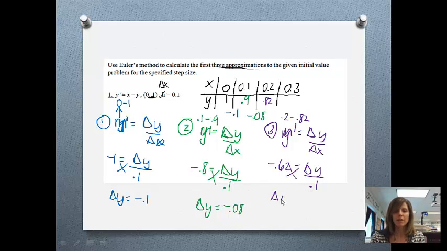And then if I cross multiply again, I'm going to get delta y is equal to negative 0.062. So we know to get from the y value we're at to our new y value, we will have to subtract 0.062. And if we do that, we will get 0.758 as an answer. So what I've done is come up with four points, and if I were to graph all four of those points, it's going to give me a good idea of what the actual solution curve looks like.